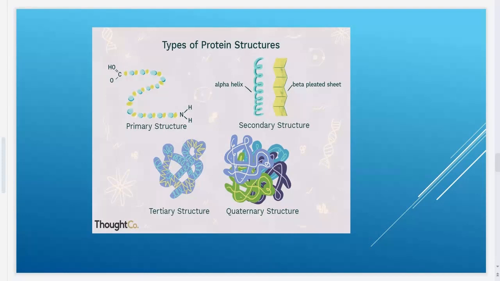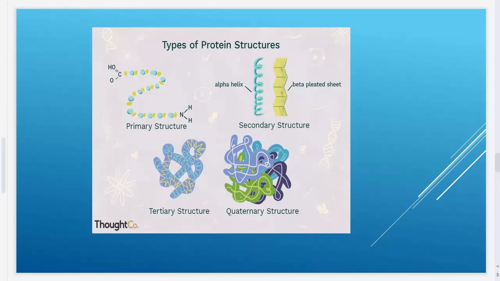The tertiary structure refers to the comprehensive 3D structure of the polypeptide chain of a protein. There are several types of bonds and forces that fold a protein into its tertiary structure: hydrophobic interactions, hydrogen bonding, ionic bonding, disulfide bridges.